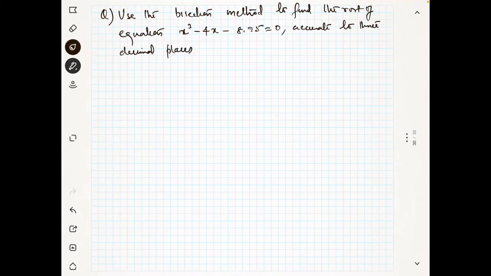That means we should get a correct answer to 3 decimal places using the bisection method.